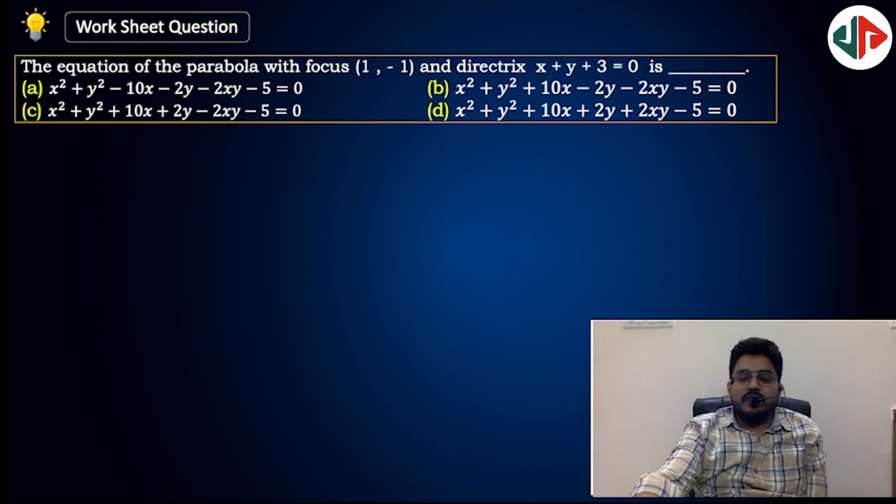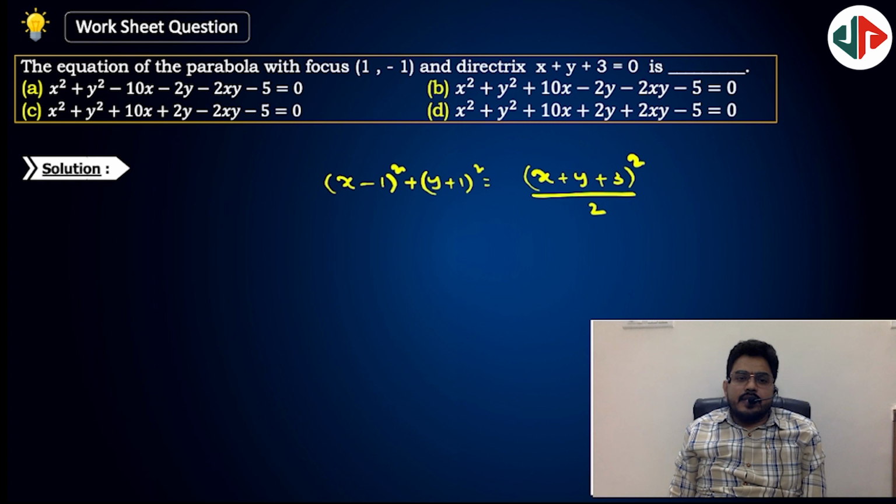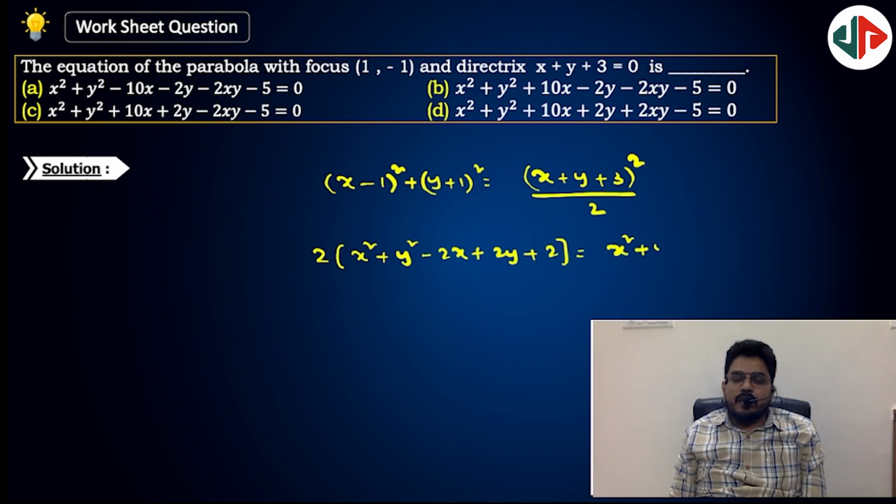What is the equation of the parabola? Focus and directrix: SP square, (x minus 1) whole square plus (y plus 1) whole square is equal to (x plus y plus 3) whole square by 2. So this is 2 times (x square plus y square minus 2x plus 2y plus 2) is equal to x square plus y square plus 2xy plus 6x plus 6y plus 9.